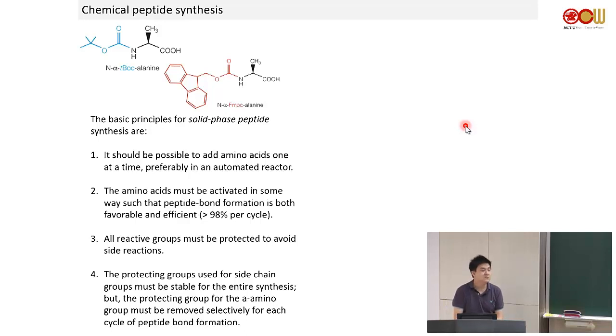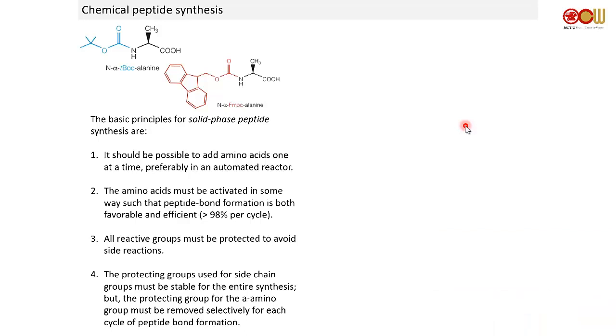So it becomes useful if you have a chemical method to synthesize oligopeptides that can directly be used for whatever experiments you're interested in. The chemical synthesis for polypeptides is also using solid phase. It's solid phase peptide synthesis.